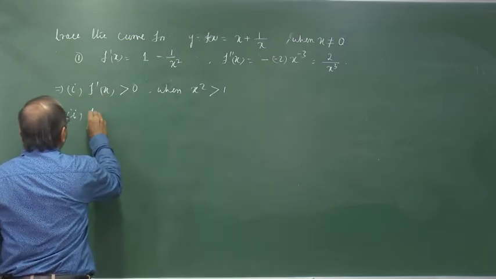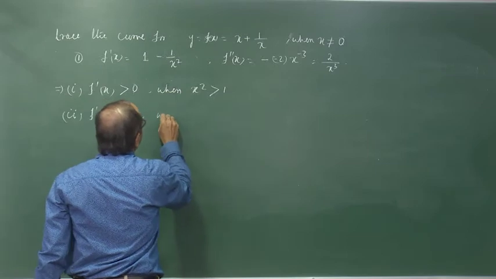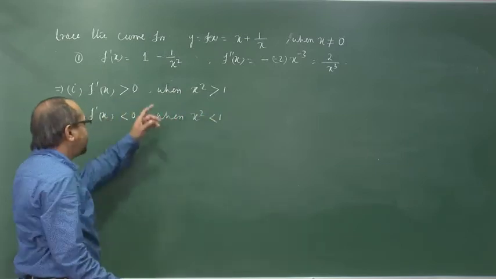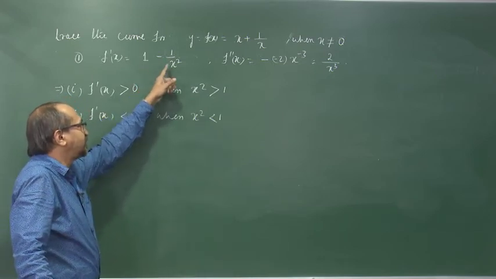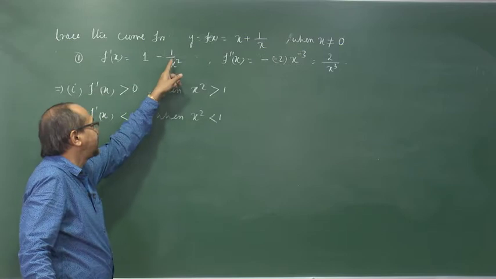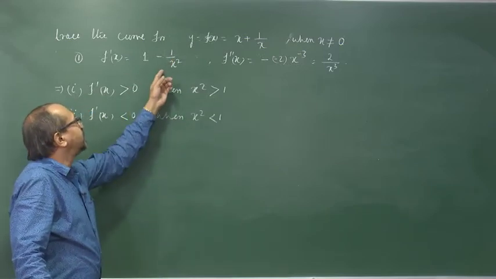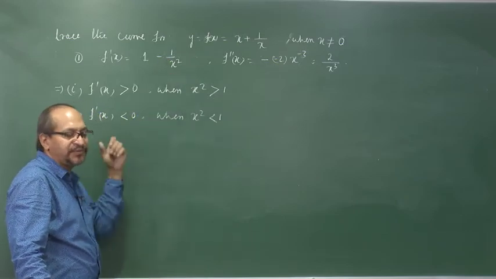Then f dash x is less than 0 when x square is less than 1. Obviously, from this equation, when x square is less than 1, suppose it is 0.1, then 1 by 0.1 is 10, and 1 minus 10 is minus 9. So, when x square is less than 1, this ratio is greater than 1, and 1 minus this is a negative number. So, it is less than 0.